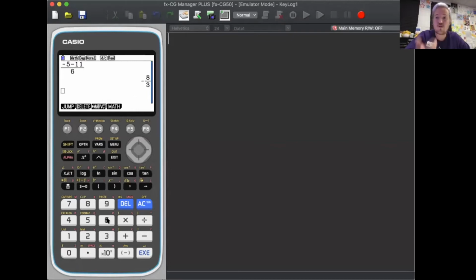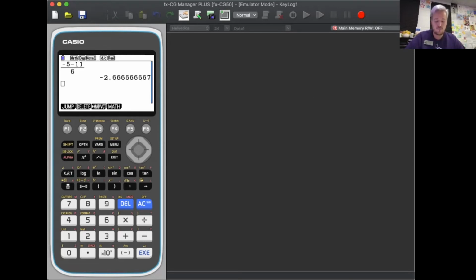Now here's the thing. We also want to be able to convert this into a decimal. So you're going to press the button right next to it, the fraction button, to the left of the parentheses and above the 8, and it will convert it to a decimal. We are going to round it to the nearest hundredths, so that means we want 2 decimal places.